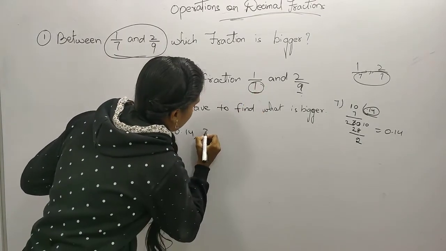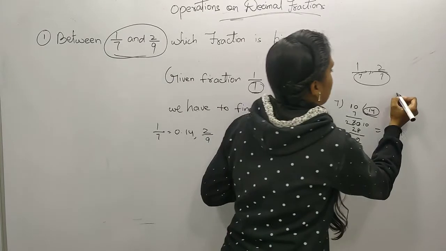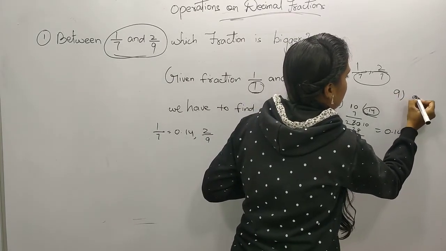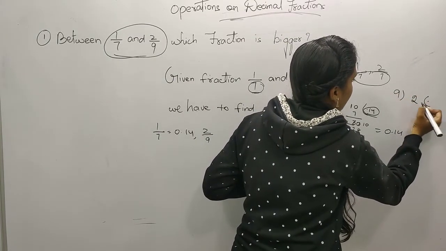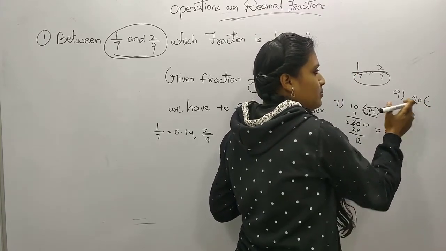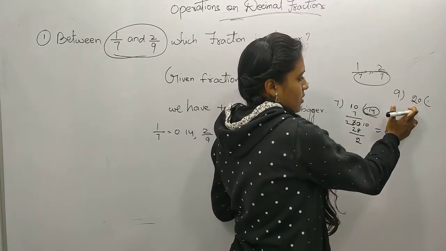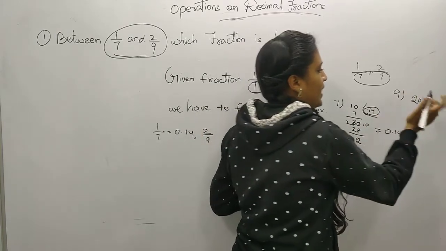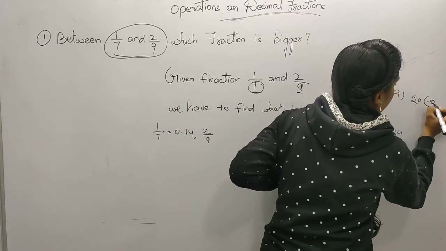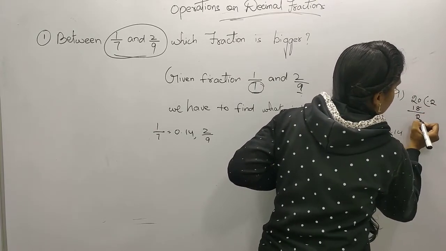Now let's take 2 by 9. Divide 2 by 9. Put the point and 0, so 20. See, 20: the biggest number in the 9 table is 9 twos are 18, 9 threes are 27. So 9 twos are 18. We get 2.